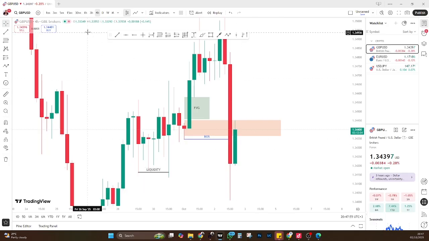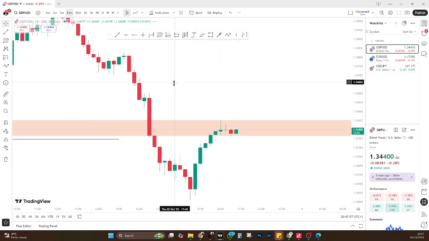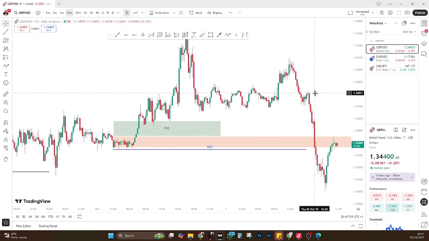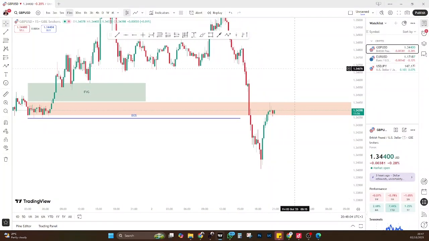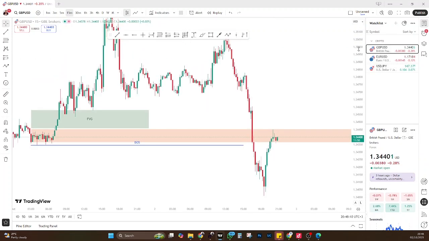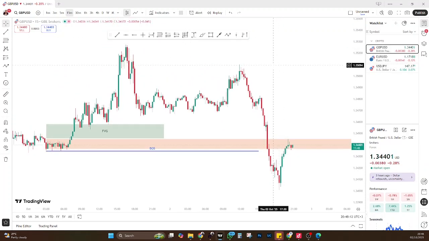So this is 4 hour. Let me take you to 15 minutes. So can you see the resistance that is happening here? It is because of this breaker block. So okay, I don't want to confuse you. Two things happen in the market. The market will either react from the breaker block, or from something we call a stop hunt, but we'll look at that later.